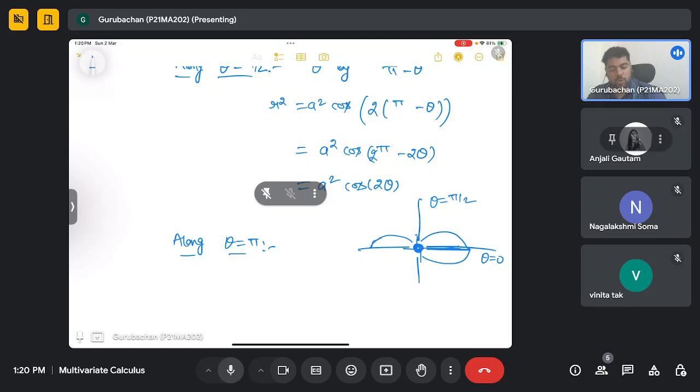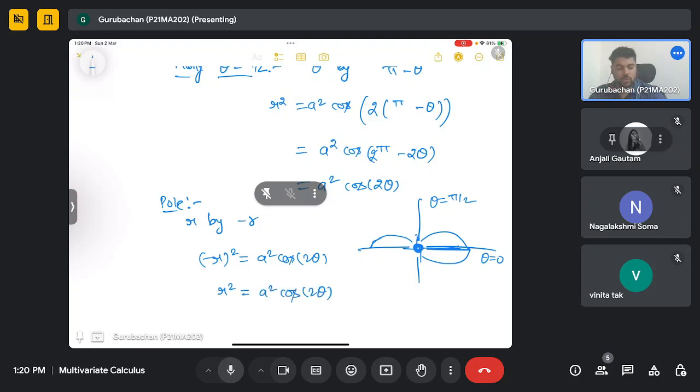So to check at the pole, we will replace r by minus r. So minus r whole square is equal to a square cos 2 theta. So this will be r square equals a square cos 2 theta.